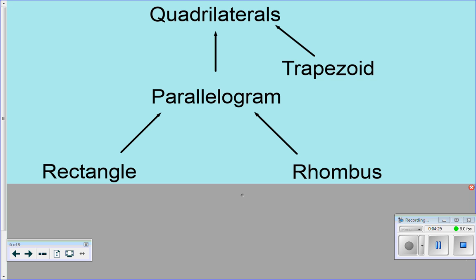Then we have square left. What do you know about a square and a rectangle? 90 degrees. Their side lengths. Can a square be a rectangle? Yes, but can a rectangle be a square? No, because a rectangle you have to have 2 different side lengths. What about a square and a rhombus?